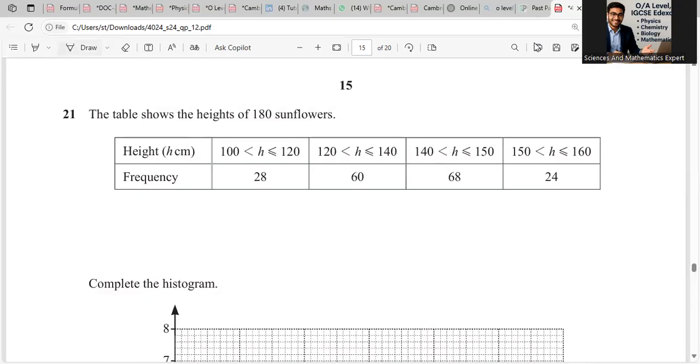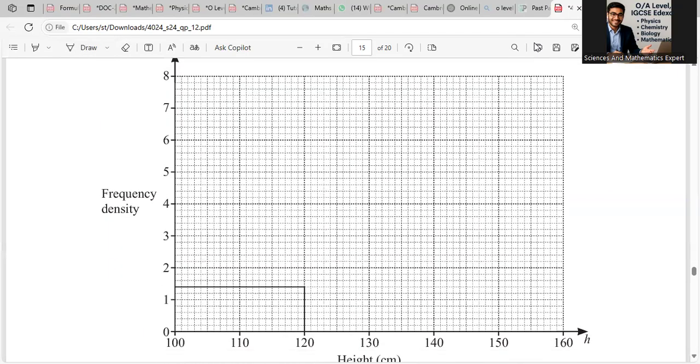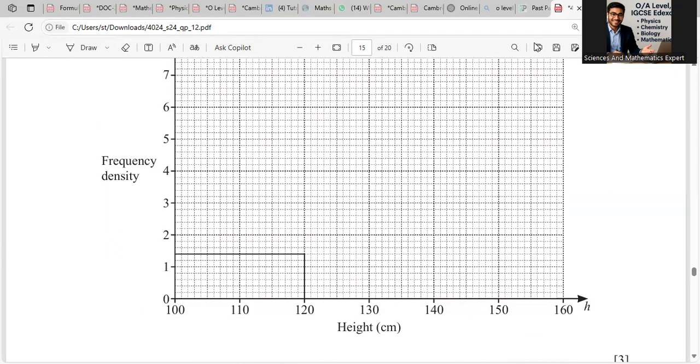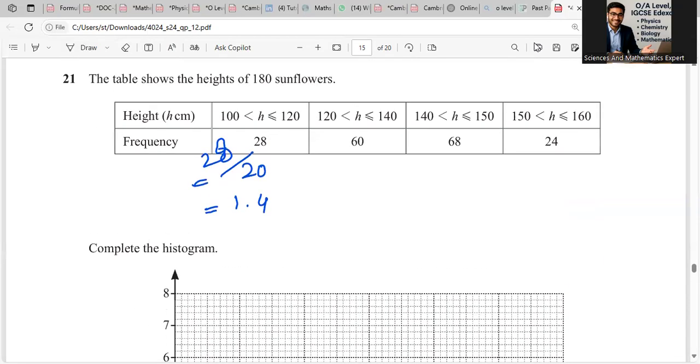So this is for 28 over 20, frequency over class width. 120 minus 100 is 20, so he is getting 1.4 almost. Looking here, 1, 1.2, 1.4, 1.6, 1.8, exactly he has done according to this frequency density formula.